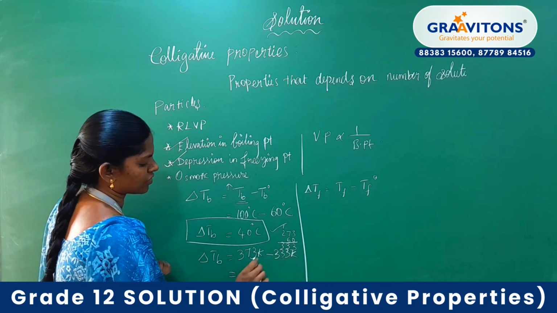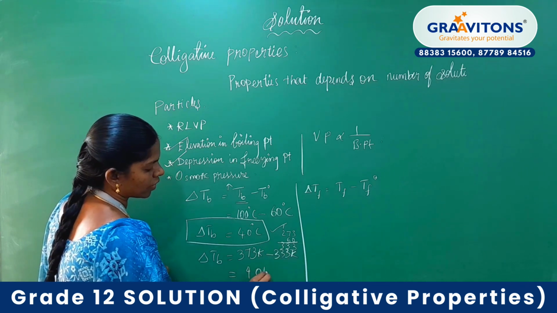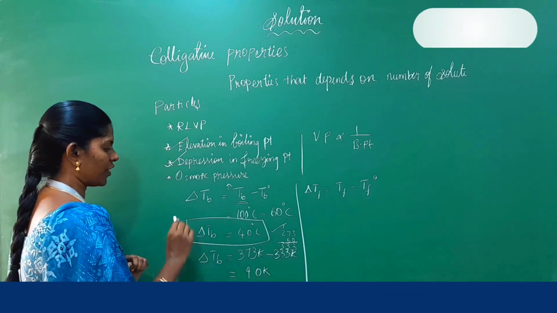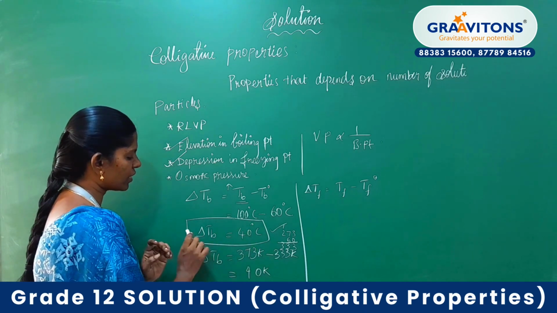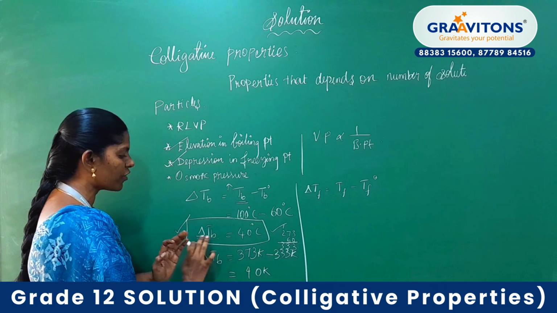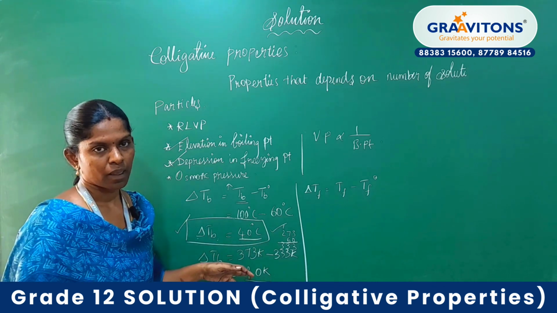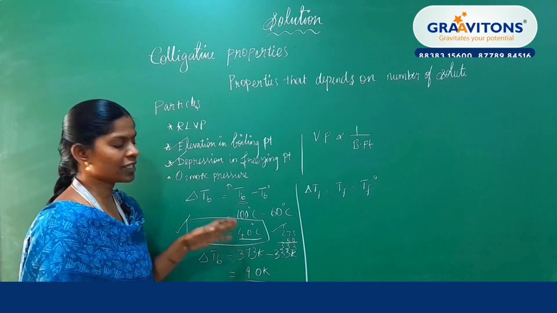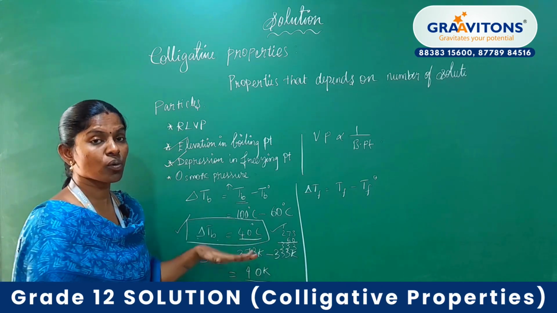When I take the difference, children, how much am I getting? Around 40 Kelvin. So whether it is in degree Celsius or in Kelvin, when I am talking about the difference in TB, there is no change in the values. So whether they are asking questions in degree Celsius or Kelvin, don't make that mistake at the end.